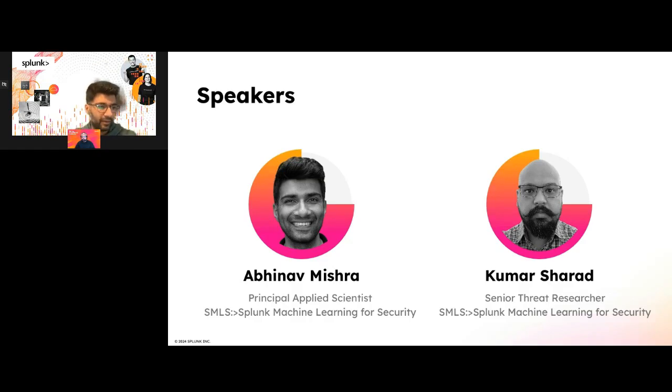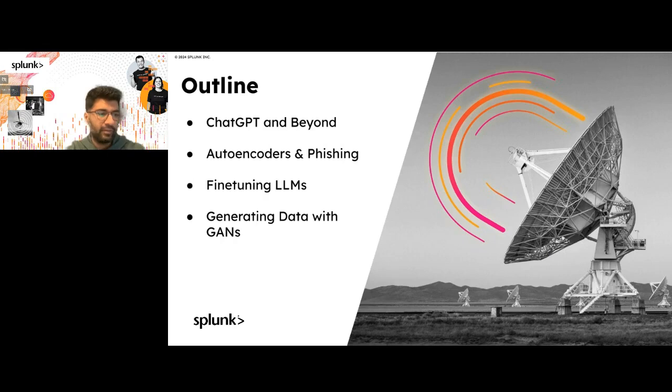So here's a general outline. Initially, we present some simple out-of-box use cases with ChatGPT. We also look at the opportunities and challenges associated with it. We then go over the use case of phishing and how we can solve it with autoencoders, which is a technique within the realm of generative AI.